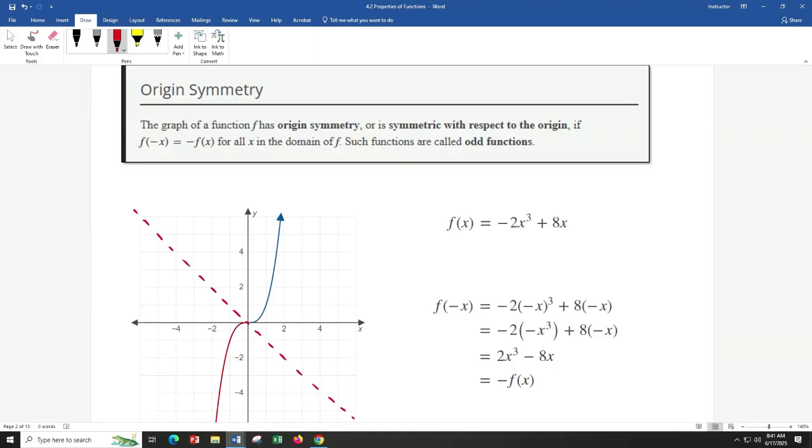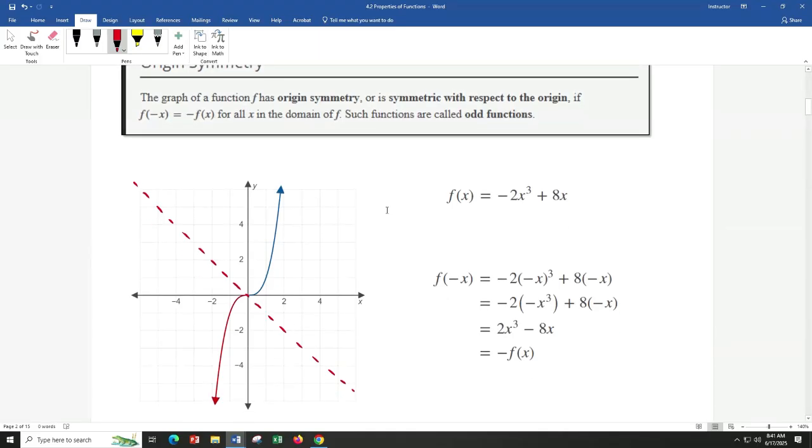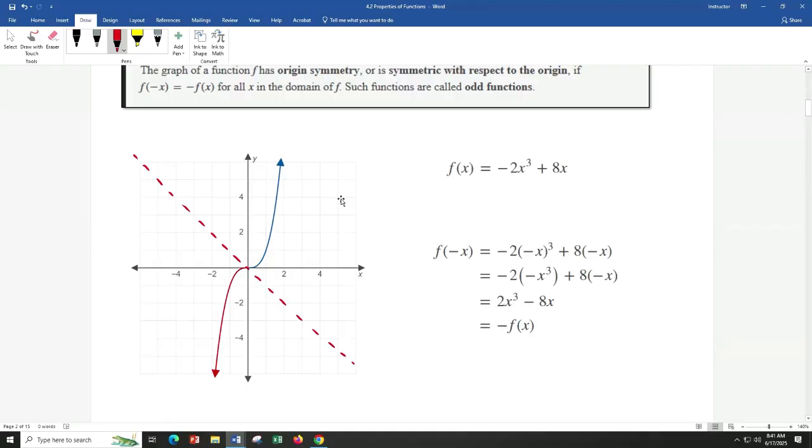Notice what happens with this one. Look at the function. My original function is negative 2x cubed plus 8x. Now, the picture I am showing you is just a base function, is it not? But now look at what's going to happen.